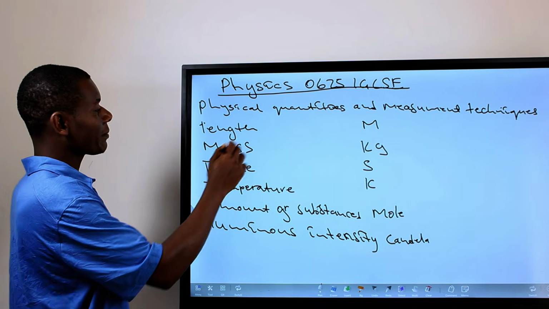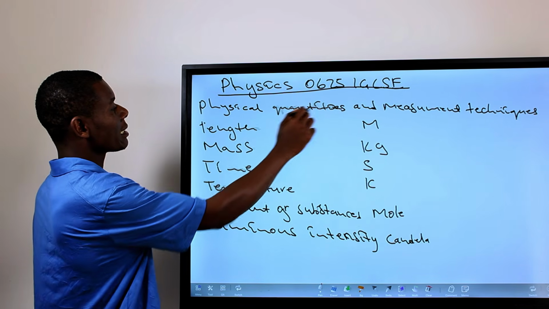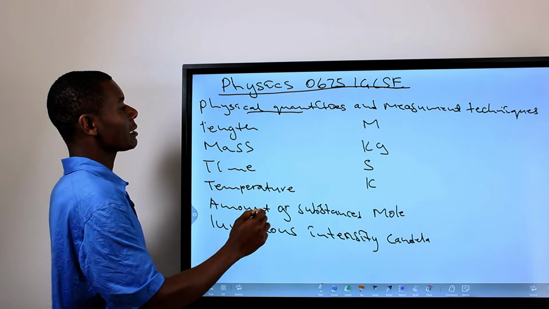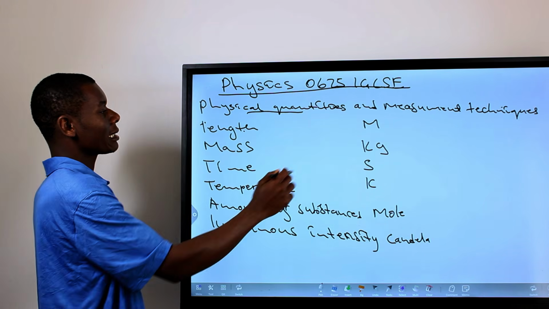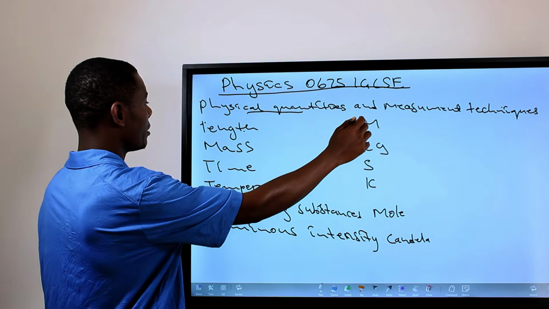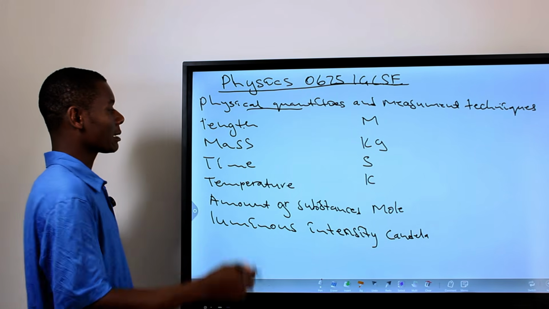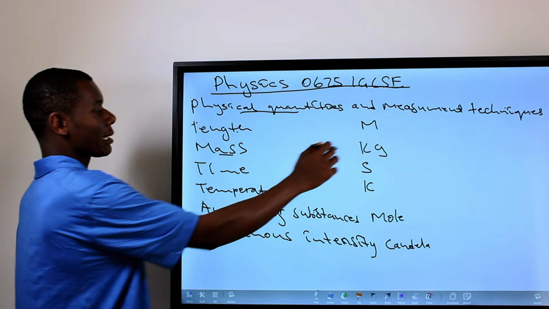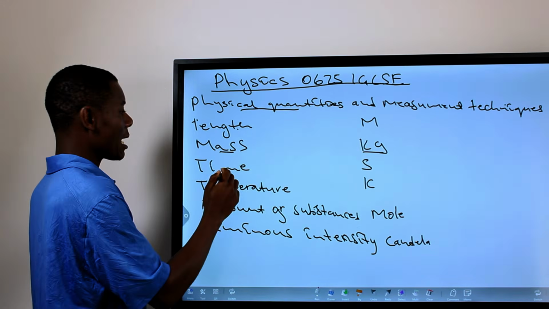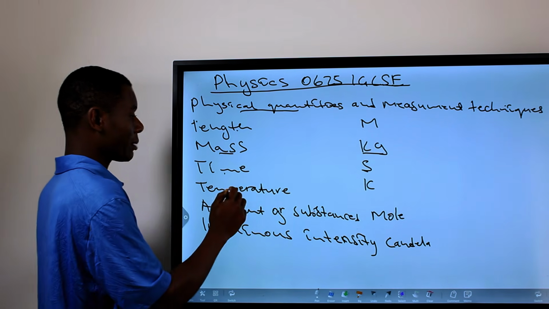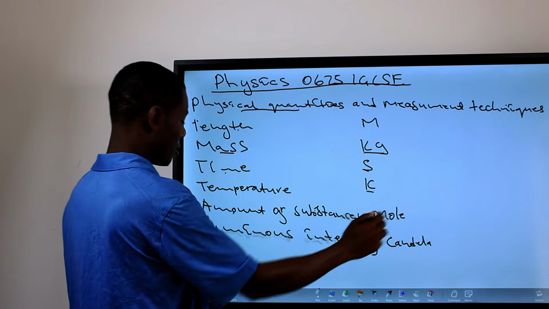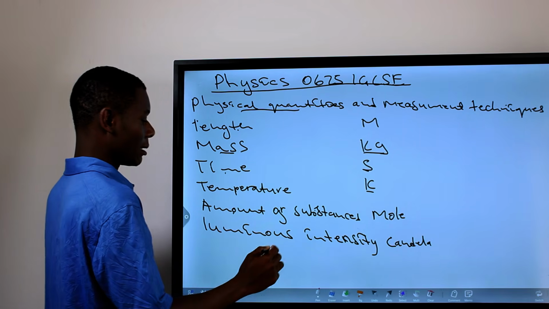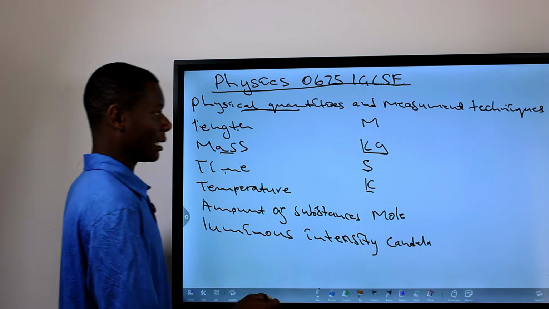So we are looking at physical quantities and measurement techniques. For example, we have length, which is measured in meters, SI unit meters. Then mass is kgs, time seconds, temperature kelvins, amount of substance moles, then luminous intensity candela.